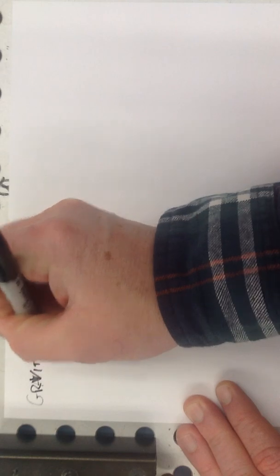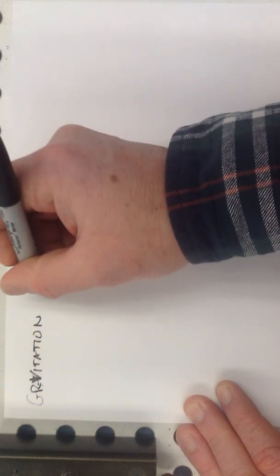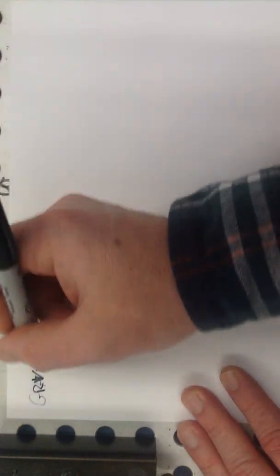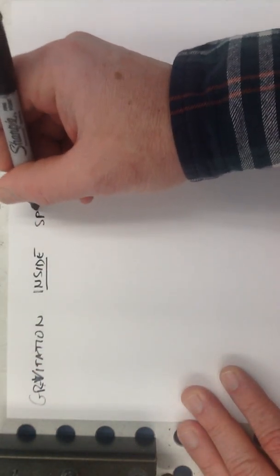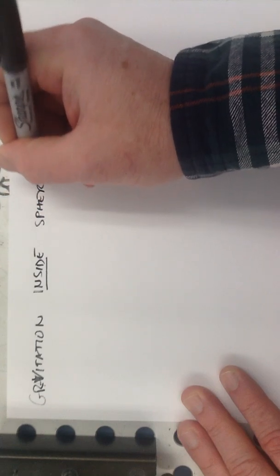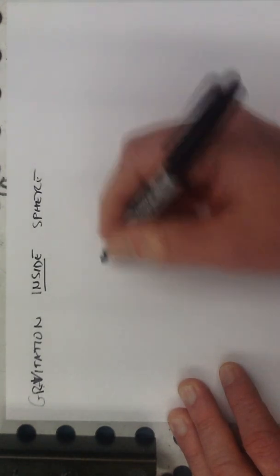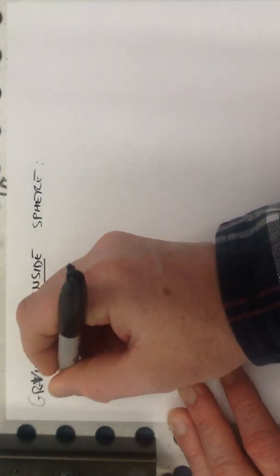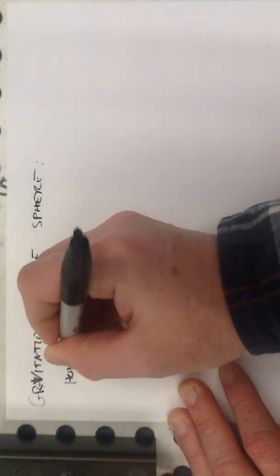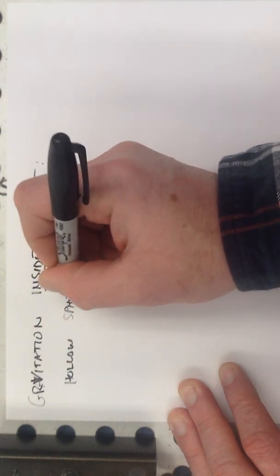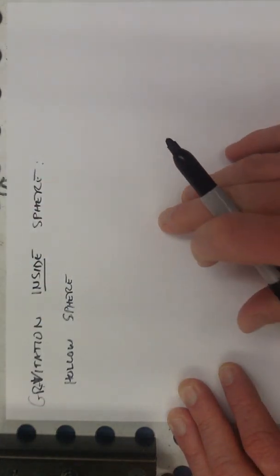Gravitation inside some kind of sphere. We're going to start with a hollow sphere. And this I'm just going to have to tell you, and you're going to have to take my word for it, but I'll try to explain at least why this could possibly make sense.